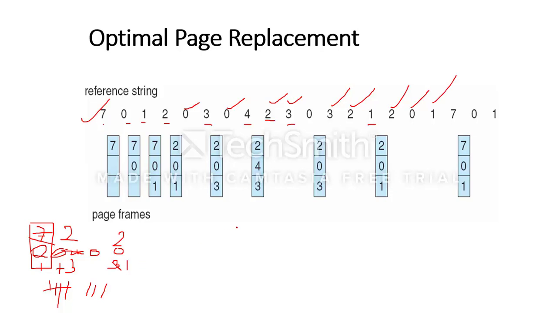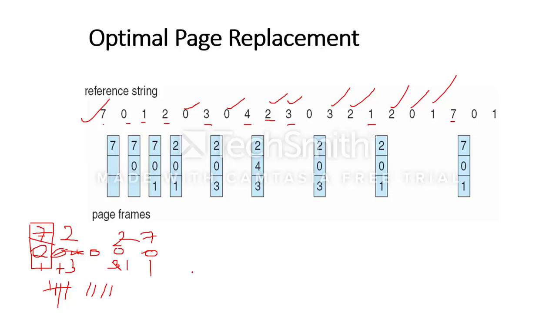7 is not there. So who is the victim? We've got 201, 0, 1. 2, we cannot find it later. So 2 is our victim. You replace it with 7. So you now have 7, 0, 1. I forgot to record the page fault, because we said 7 is not there.